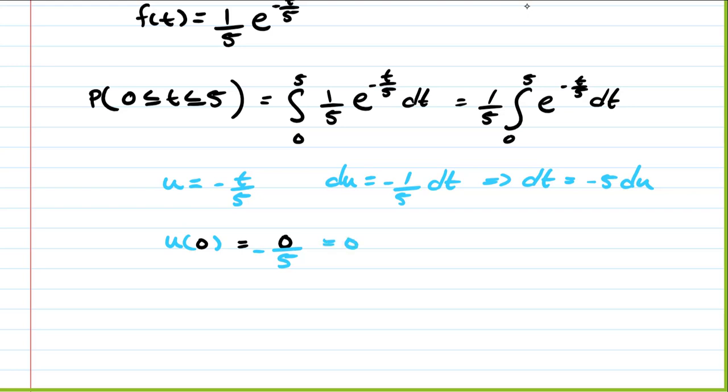And u of 5 is going to be negative 5 over 5, so that's going to give us negative 1.